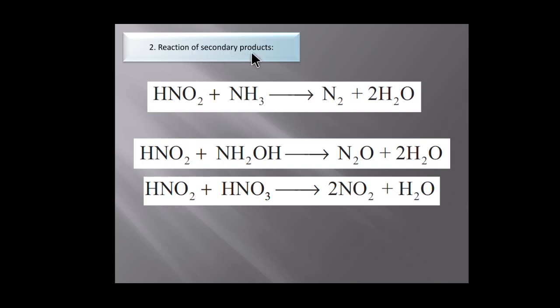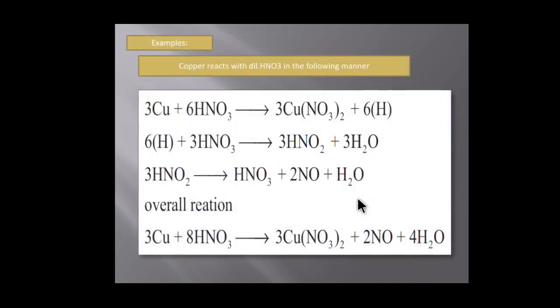Then the reaction of secondary products: nitrous acid reacts with ammonia to form nitrogen gas, and nitrous acid reacts with hydroxylamine to form N2O, nitrous oxide, and nitrous acid reacts with nitric acid to form NO2, nitrogen dioxide. Those are the secondary product reactions.